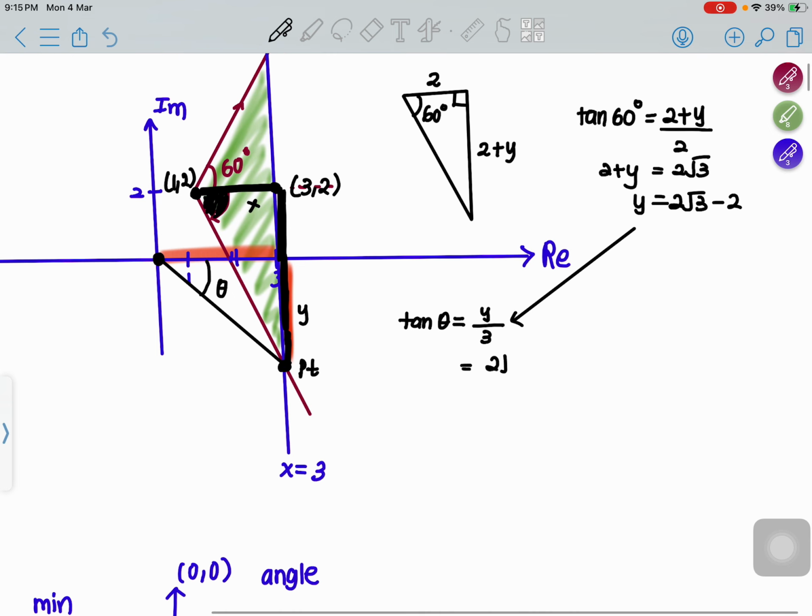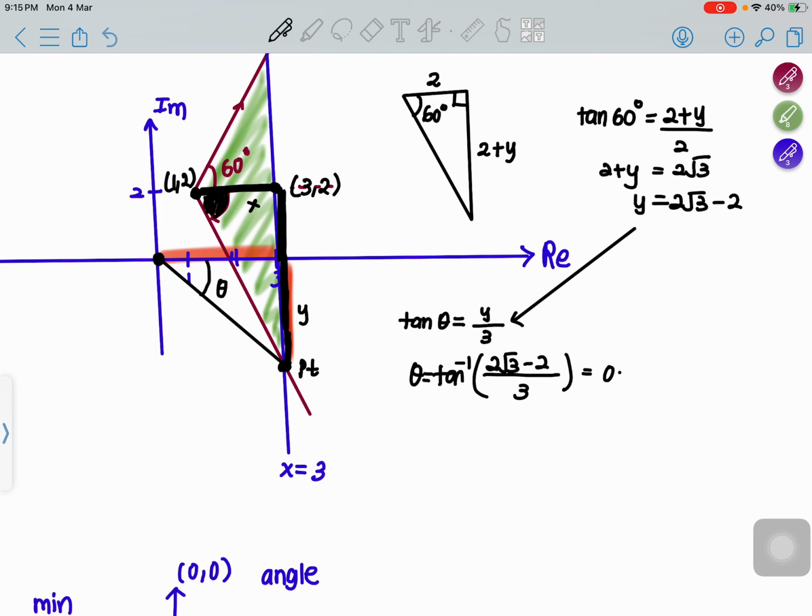Now (2 root 3 minus 2) over 3, and theta is going to be the inverse tangent of it. So make sure your calculator is in radian mode, and then you try. Shift tangent, (2 root 3 minus 2) over 3.